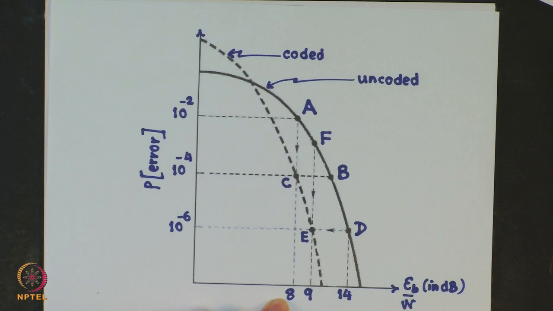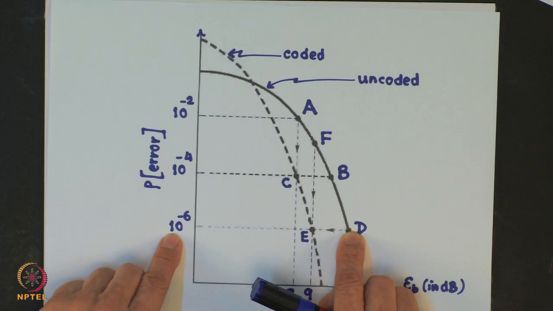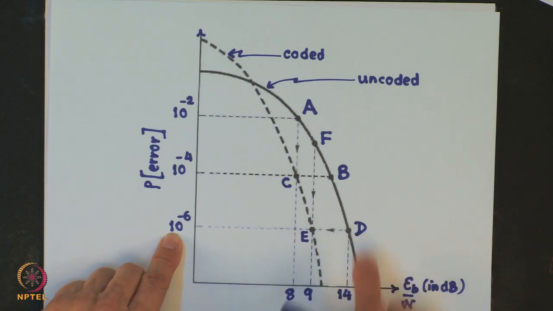Now, let us take another advantage of this coding. Let us say that we are at point D where the probability of error is 10 raised to minus 6 and SNR per bit is 14 dB. But we find that due to this high SNR per bit, the equipment gets heated up and there are frequent breakdowns.